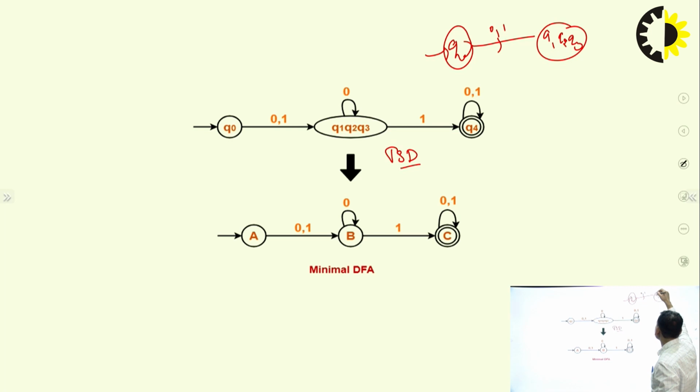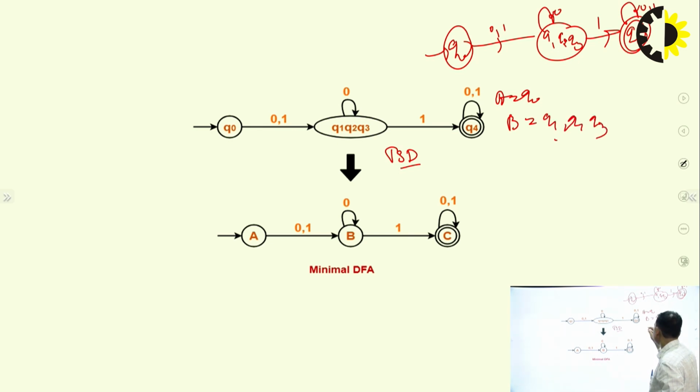Q1, Q2, Q3 as input 0 and Q4 as input 1. Q4 is the final state. A equals Q0, B equals Q1, Q2, Q3, and C equals Q4.